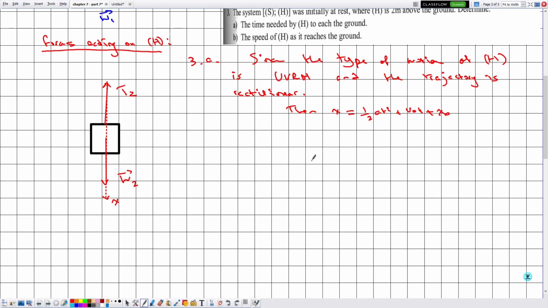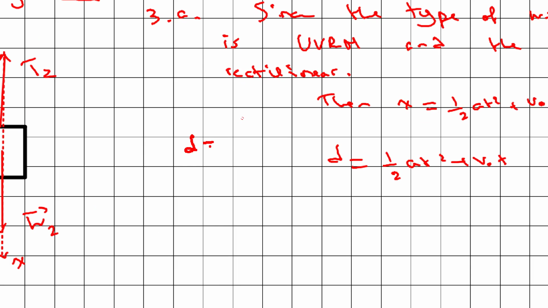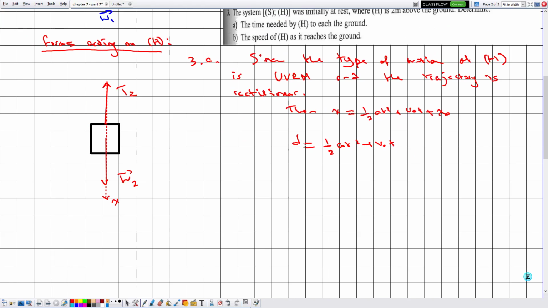Moreover, now we can say that d is equal to half a t squared plus v0 t, because recall that d is given by x minus x0. We are interested in determining the time. Notice that v0 is 0, initially at rest.